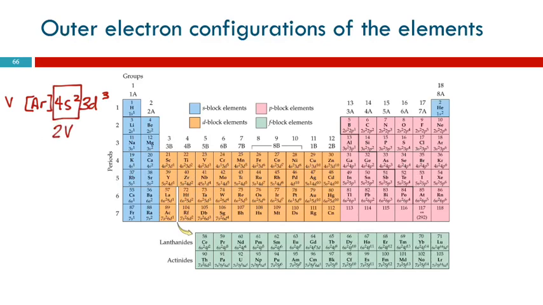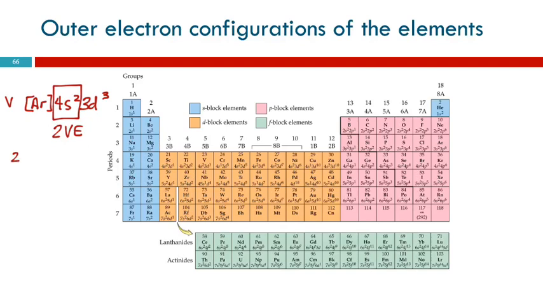2 valence electrons. How many core electrons does vanadium have? Well, it's got these 3, and however many electrons argon has. An easier way to do it is, well, the rest of the electrons are core. How many electrons total does vanadium have? 23.